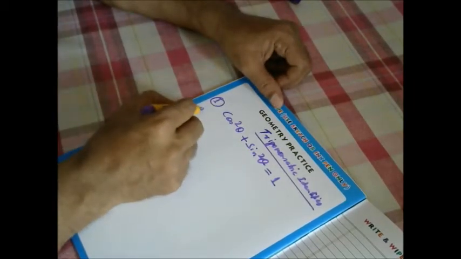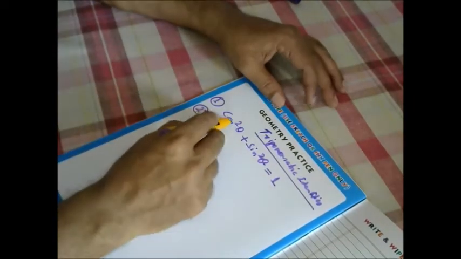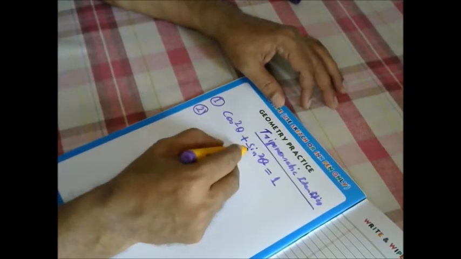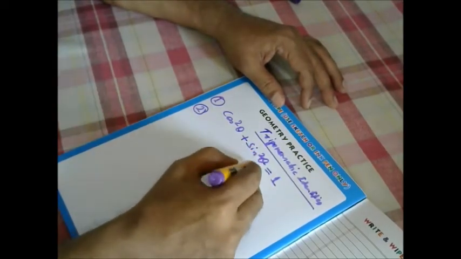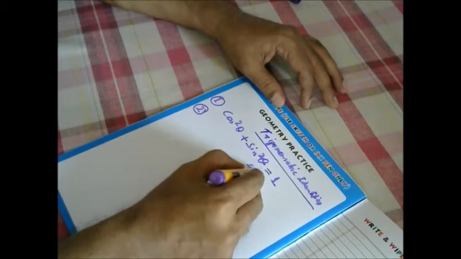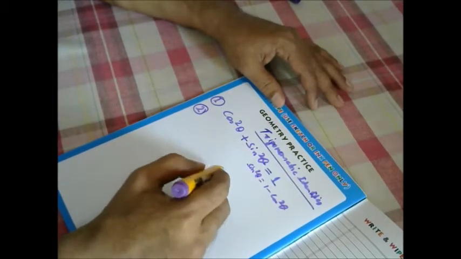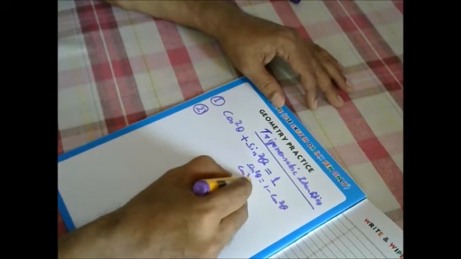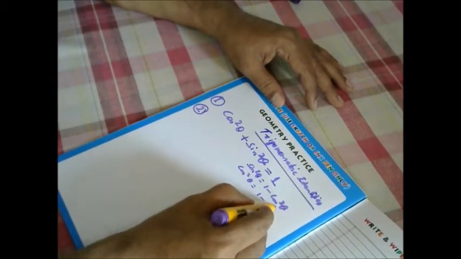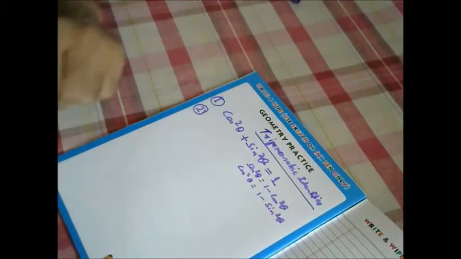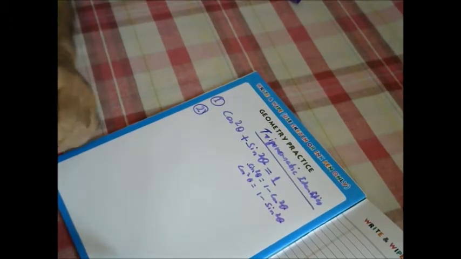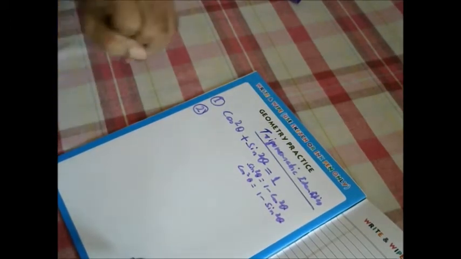Second identity, okay, so from here we can find out sine square theta. So sine square theta is equal to 1 minus cos square theta. We can write cos square theta is equal to 1 minus sine square theta. Okay, right.